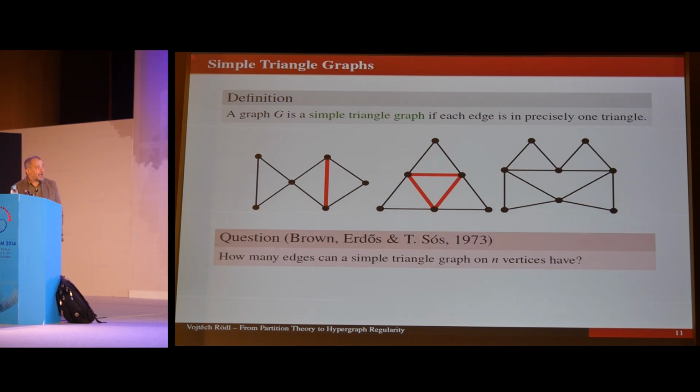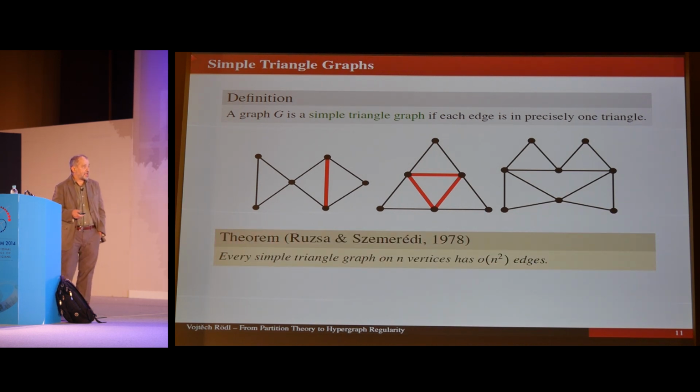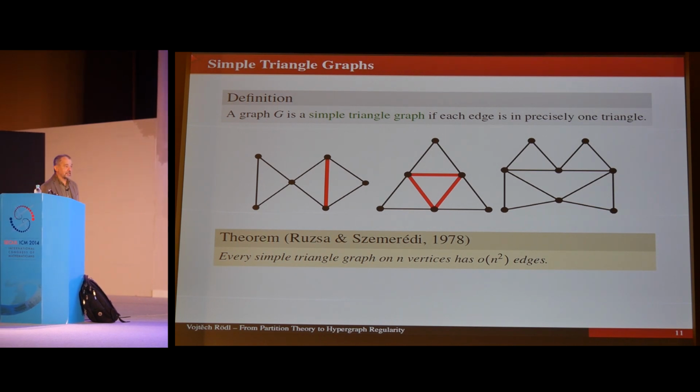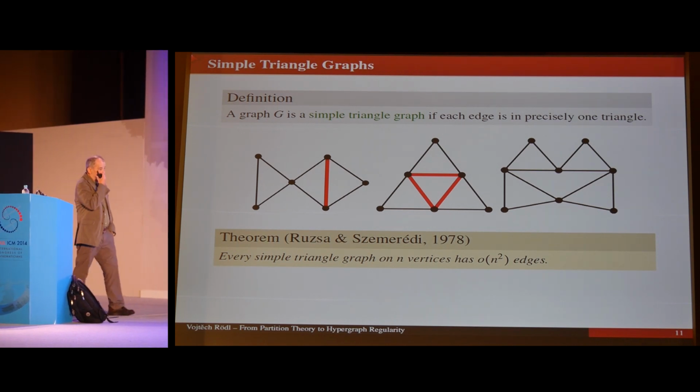In some other context, Brown, Erdős, and Sós in 1973 asked how many edges a simple triangle graph on n vertices can have. And that question was answered by Ruzsa and Szemerédi 5 years later when they proved that every simple triangle graph on n vertices has little o of n squared edges.